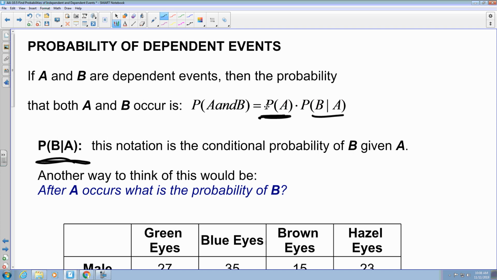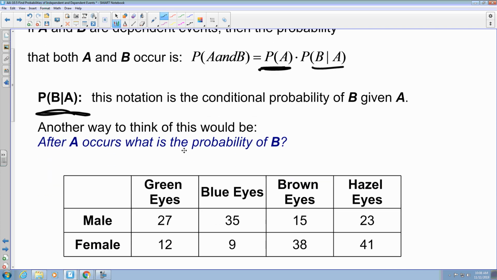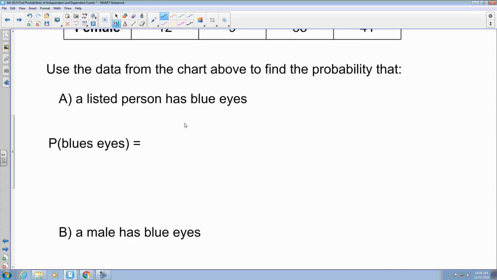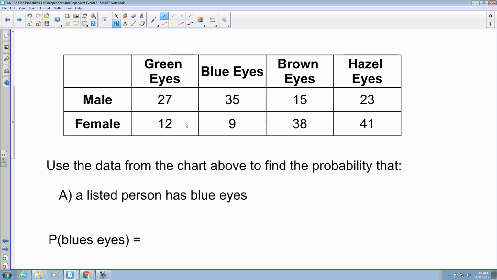So since that was true, what's going to happen with B? Usually in these types of situations, it means you didn't replace something, and that's why the probability changes a bit for that second piece of probability.